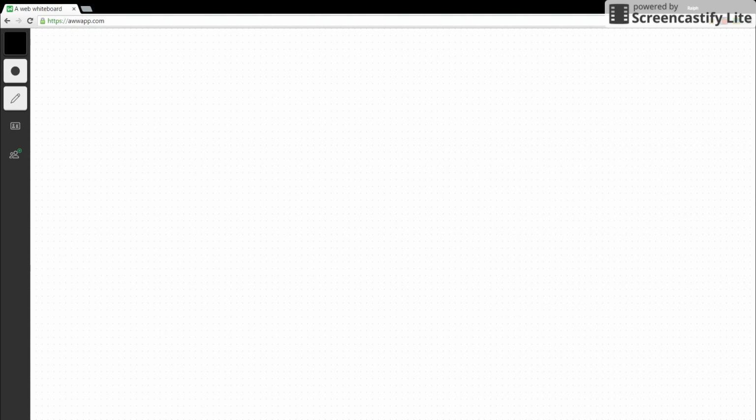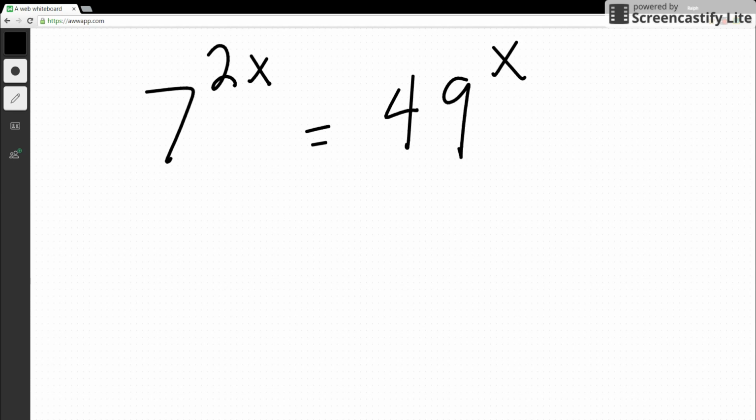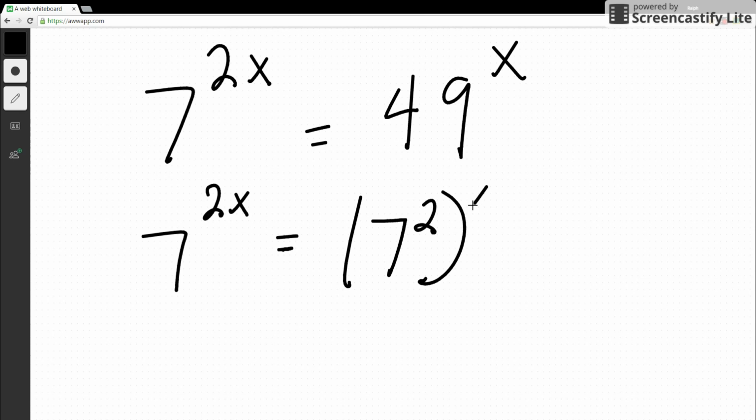And the last one for number 8 is 7 to the 2x equals 49 to the x. If I try to make the bases the same here, I would realize that 49 is the same as 7 squared.